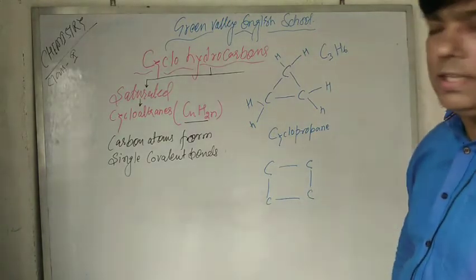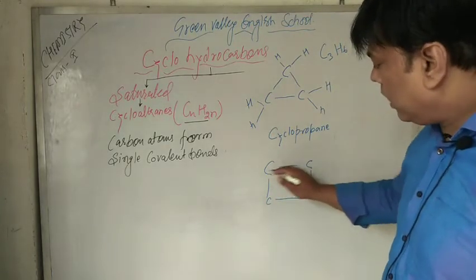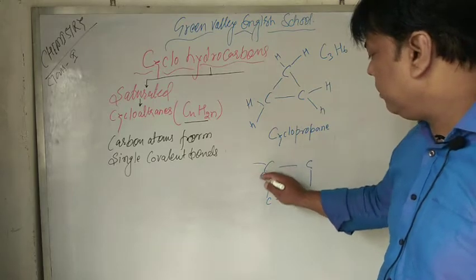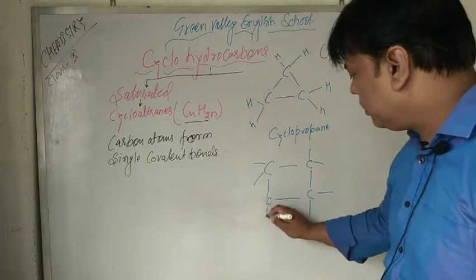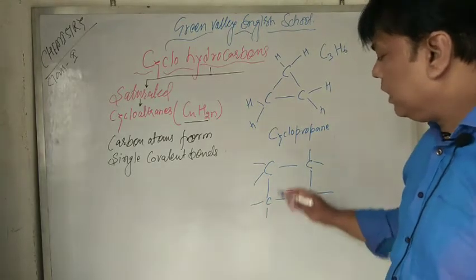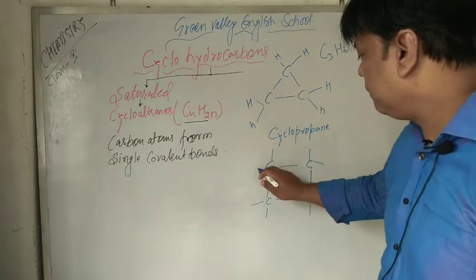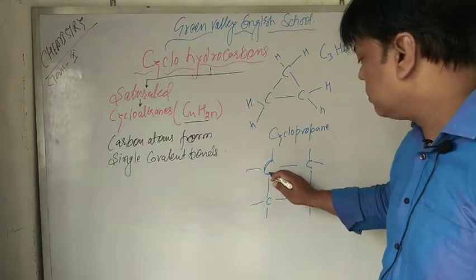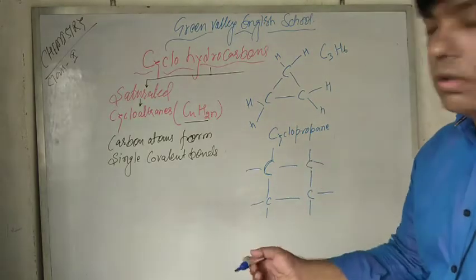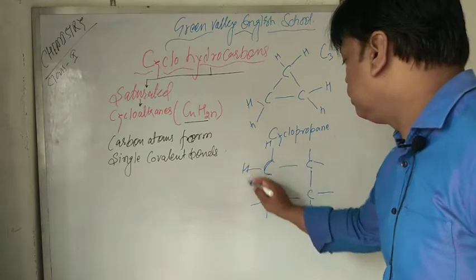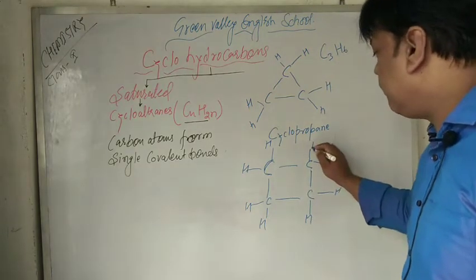Carbon is tetravalent, so each carbon should make 4 bonds, because it has 4 valency. Now the number of hydrogens will be 1, 2, 3, 4, 5, 6, 7, 8.